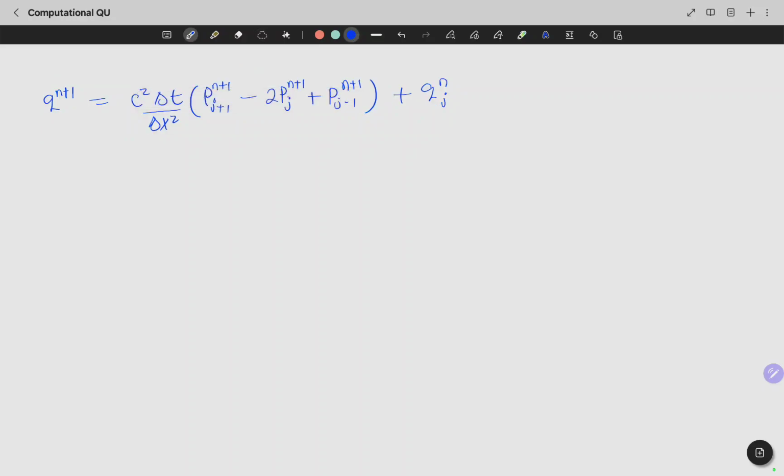We have this, we can say Q equals ∂P/∂t.